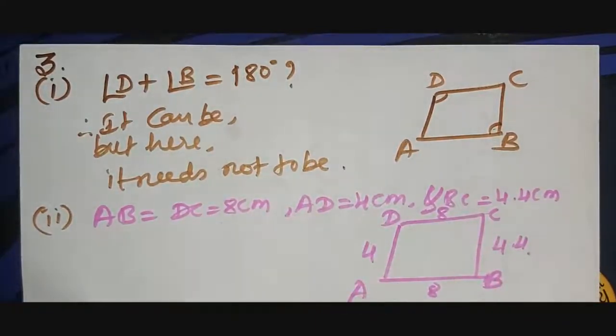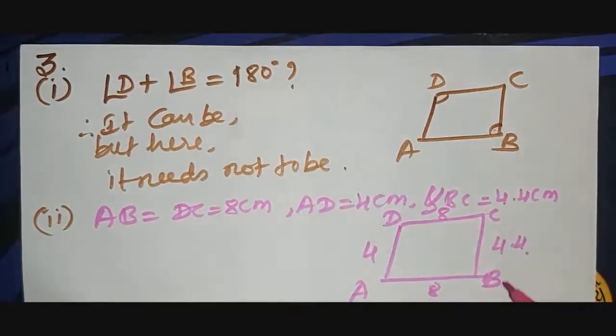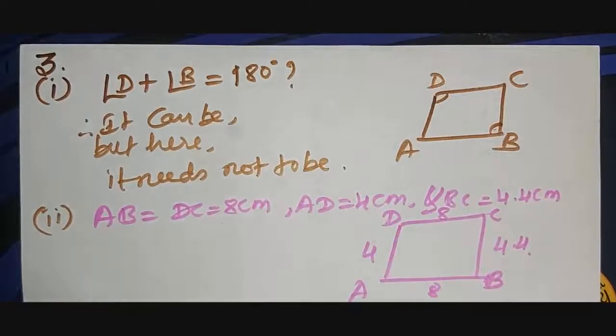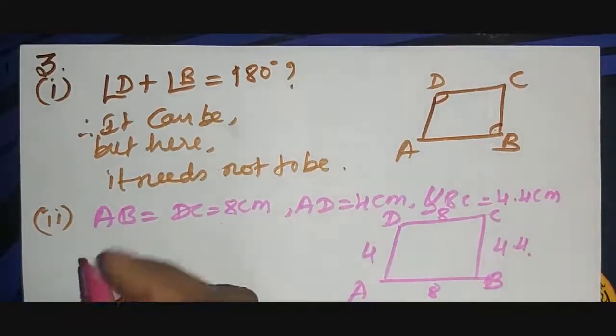See, in a parallelogram opposite sides are equal to each other. So here AD is not equal to BC. So it is not a parallelogram. It is a quadrilateral, right?